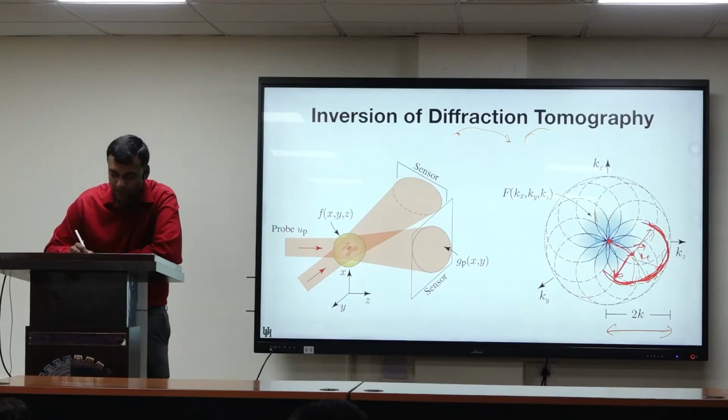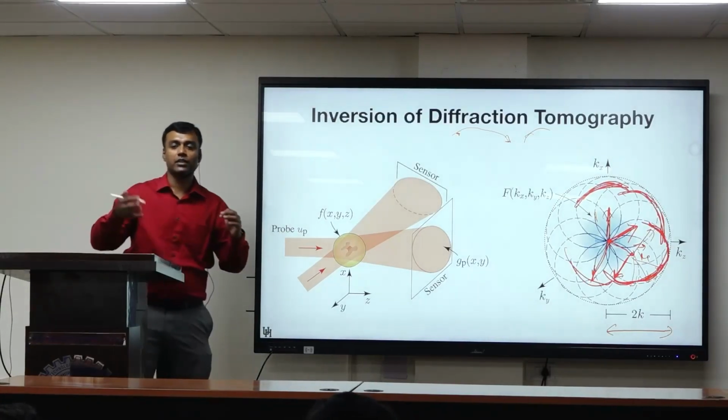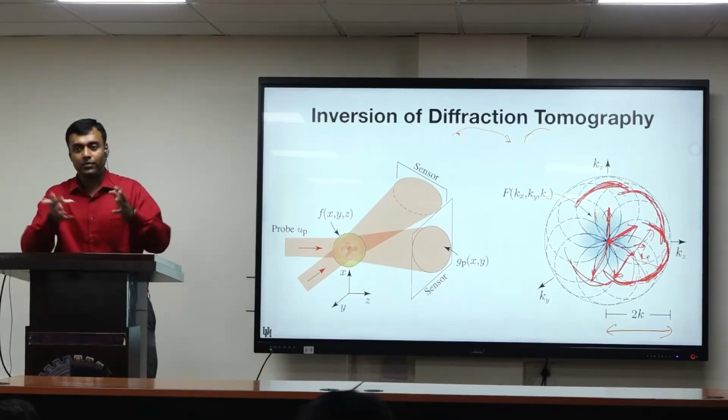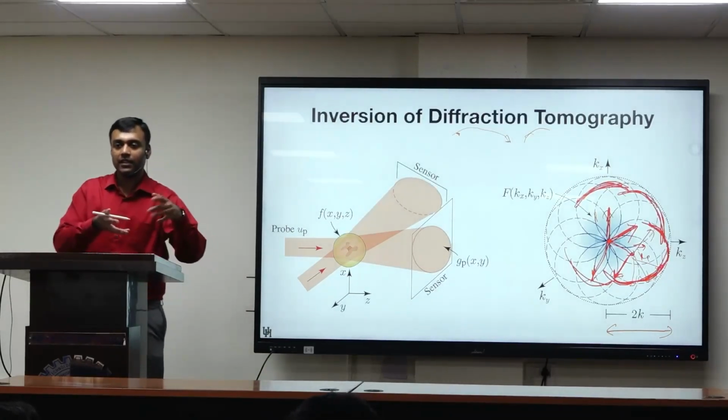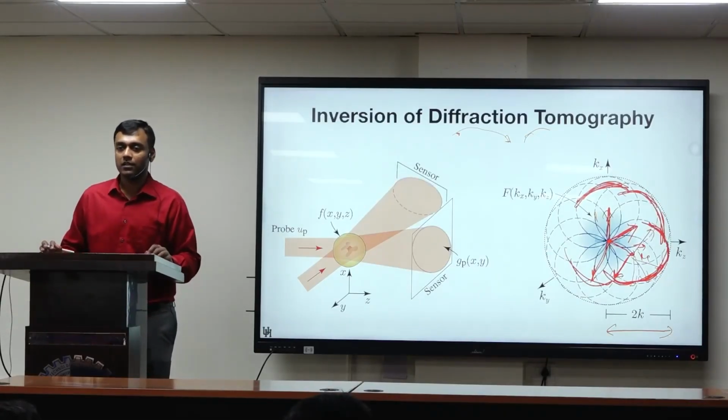And for a different direction, different KP vectors, you will do the same thing. Slowly, for each different direction, you will fill the Fourier space in 3D by collecting the data and putting it in the Fourier space in all these directions.